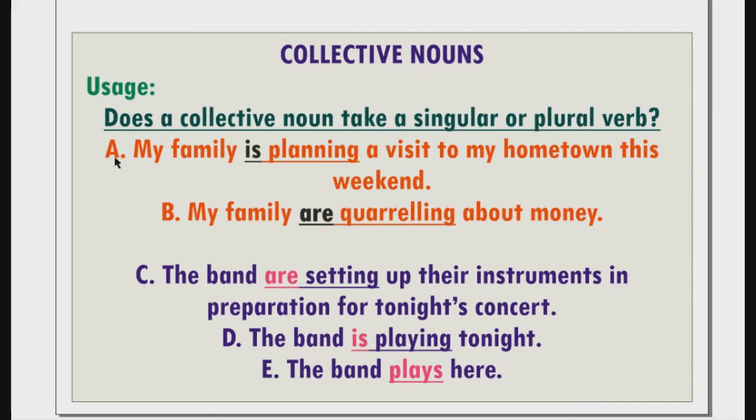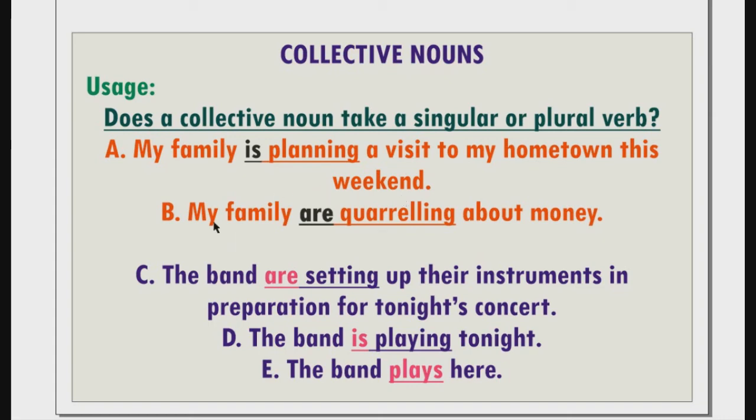For example, here, A: my family is planning a visit to my hometown this weekend. In this example, we see that we use a singular verb because the family is acting as a unit. All the members of the family have the same plan. So, singular verb is right.